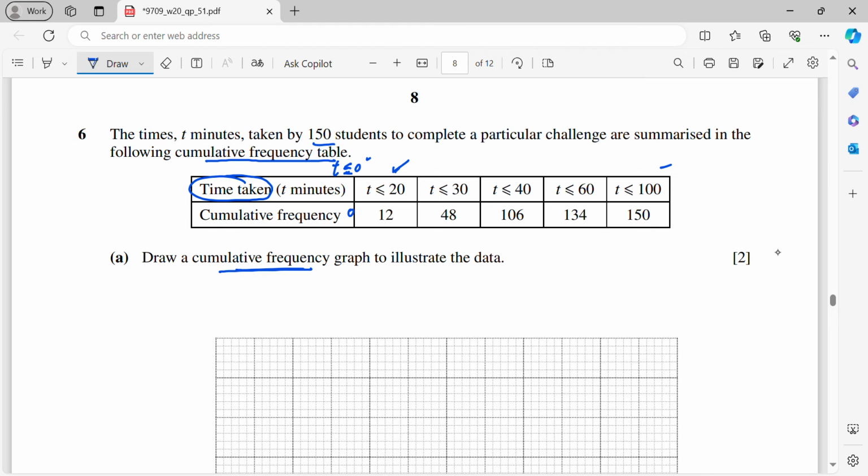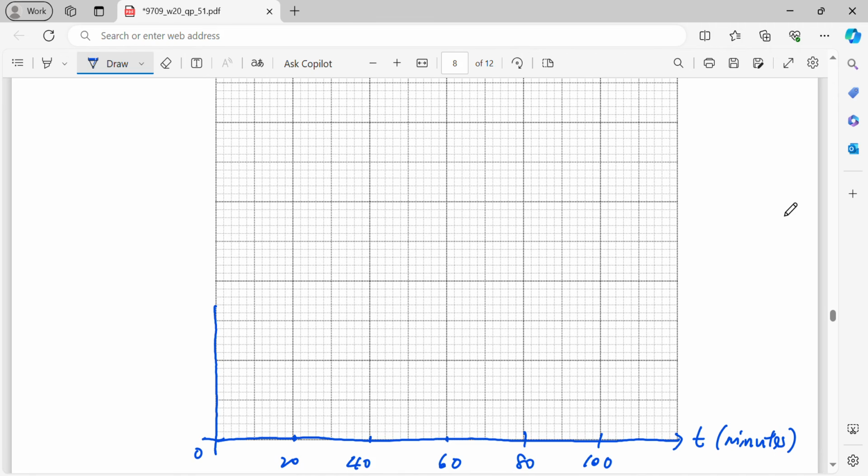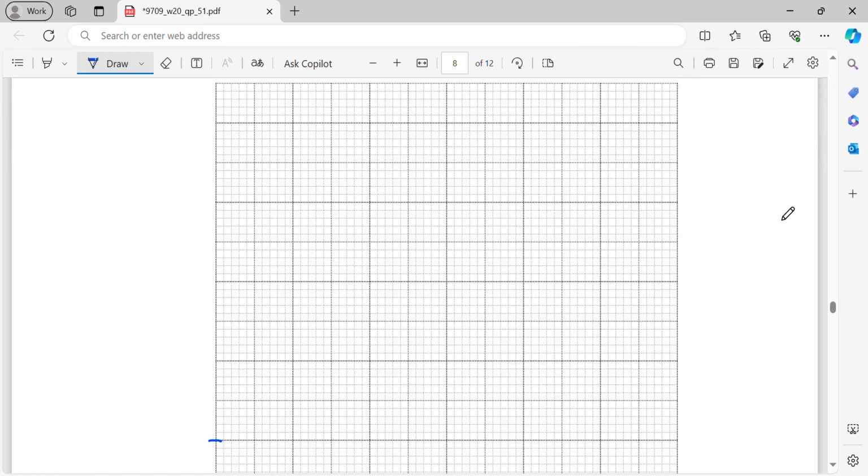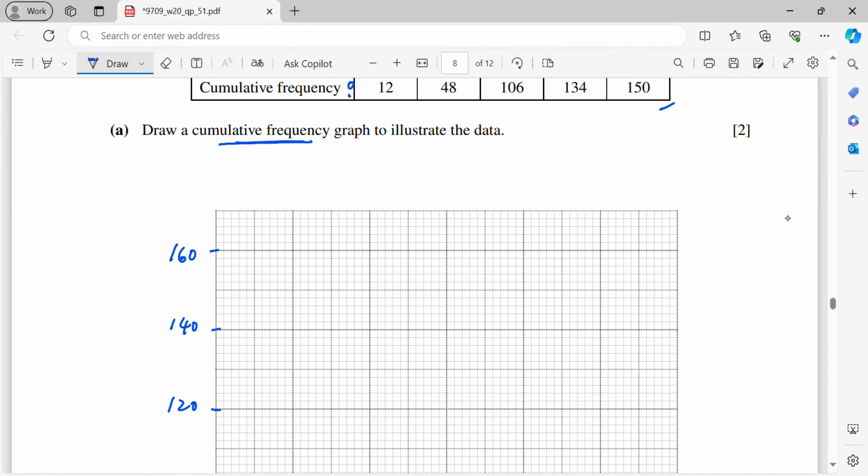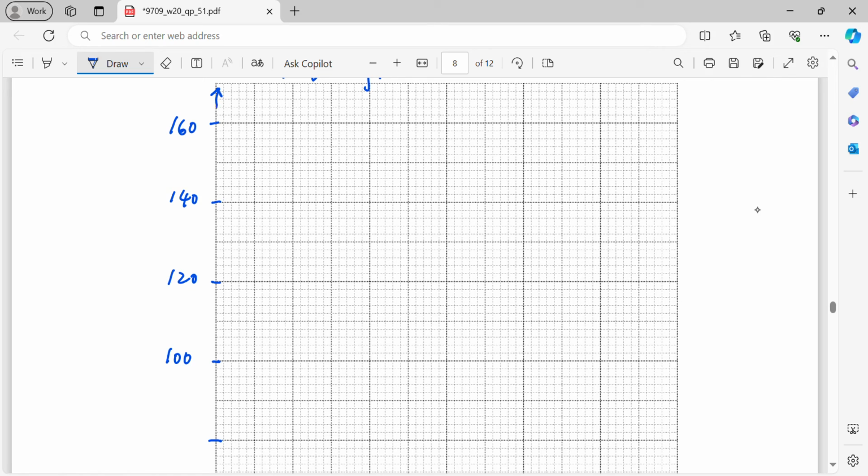Now for your cumulative frequency, it is from 0 until 150. So probably 20, 40, 60, 80, 100, 120, 140, 160. Here, this will be the cumulative frequency. So draw the vertical axis using a ruler.